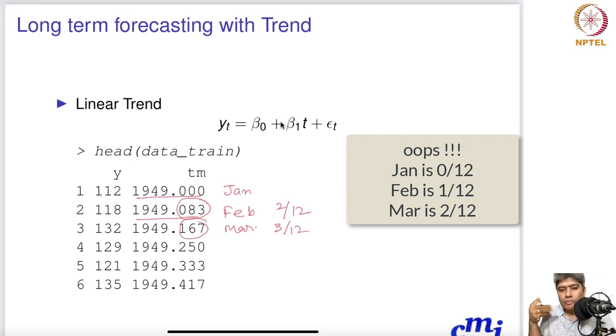That is how the months are converted into a numeric value. This is my t, and this is Y_t. Essentially, these values, in 100,000s, 112,000, 118,000, 132,000, are the people who traveled by air in that month.